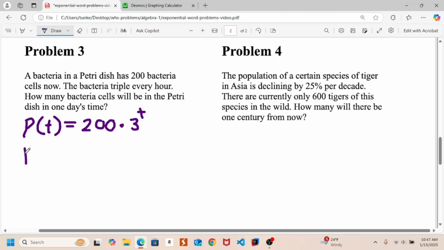And so 1 day is 24 hours. So population in 24 hours is going to be 200 times 3 to the 24th power.